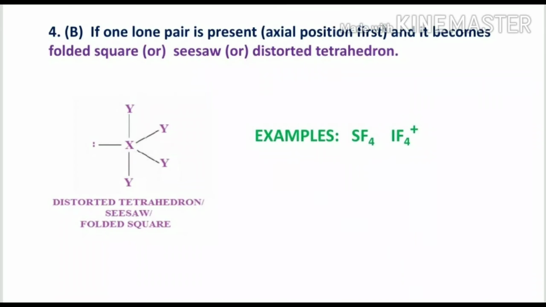The trigonal bipyramidal shifts to a distorted tetrahedron, or seesaw structure. This structure is obtained because of lone pair and bond pair repulsions. Examples are SF4, sulfur tetrafluoride, and iodine tetrafluoride ion. These are all examples of this type.